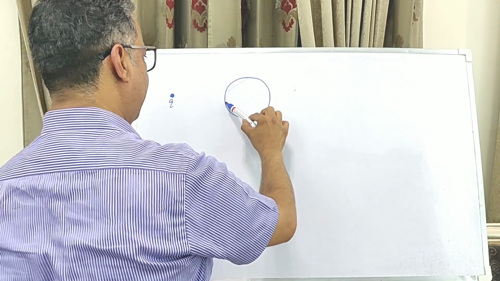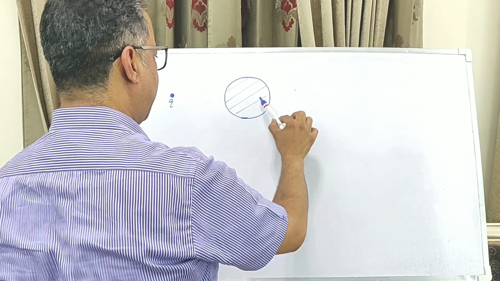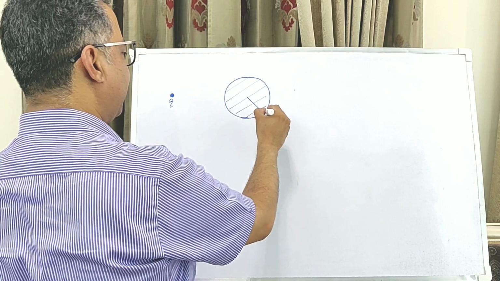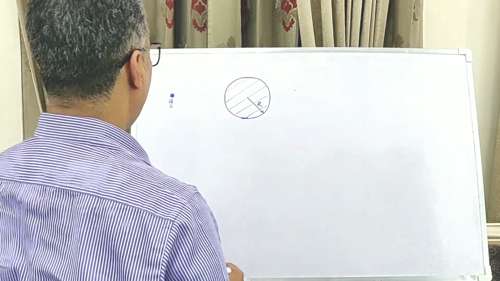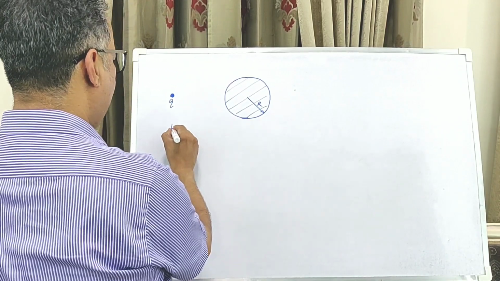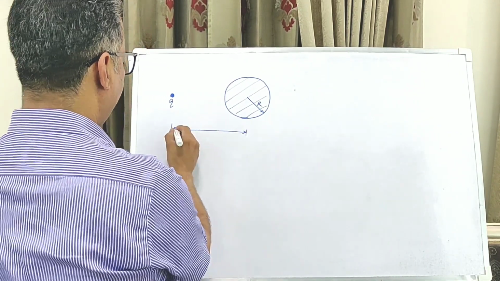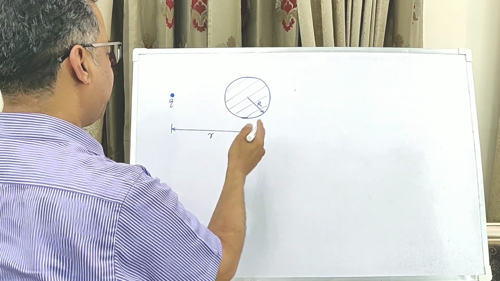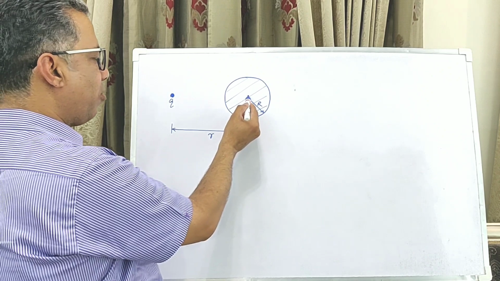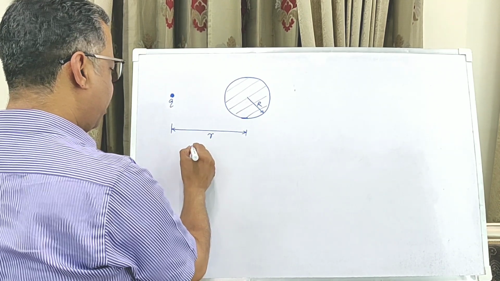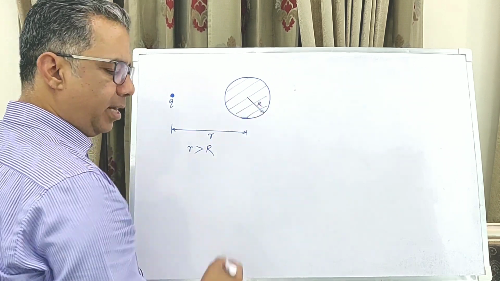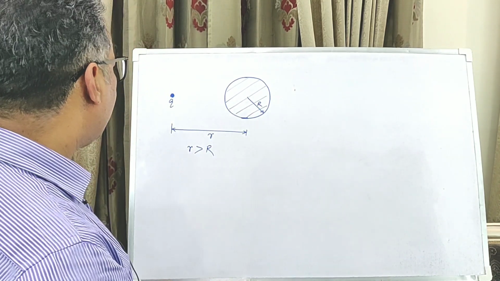Now it could be solid, it could be a shell, doesn't really matter. The radius is capital R, and the charge is at a distance small r from the center of the sphere, and of course this small r is given to be greater than the radius capital R over here.